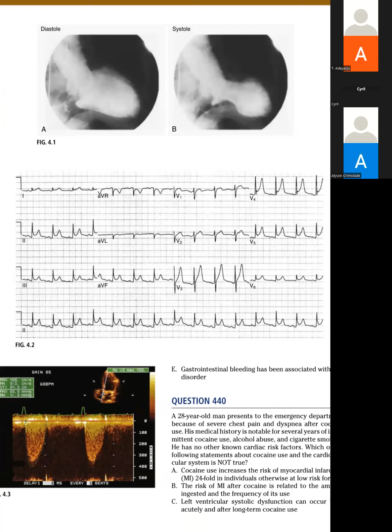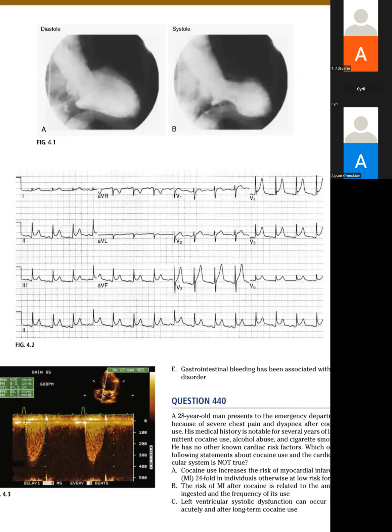Same with V2 and worse in V3. Then in V4, the elevation is still marked, in V4, V5, V6.